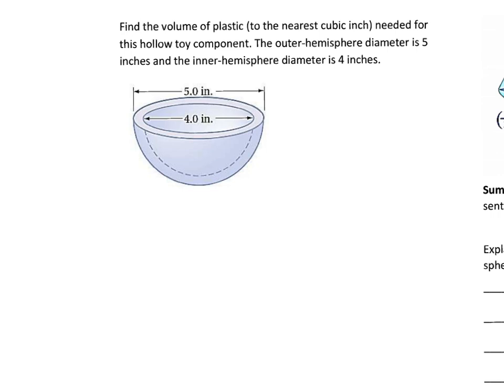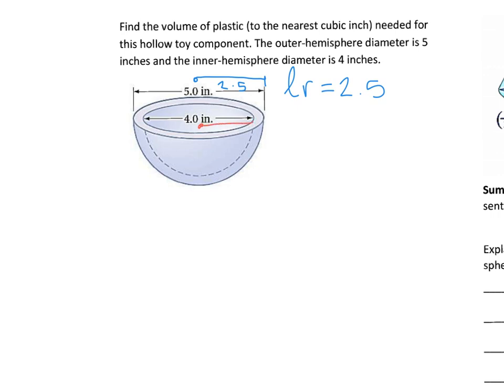But to do this, we need to figure out what the radius is. The radius for the large one, to go from here to here, would be half of 5, so 2.5. So let's call it the large radius. I'm going to use a cursive L. Large radius equals 2.5. And then the small one goes from here to here.